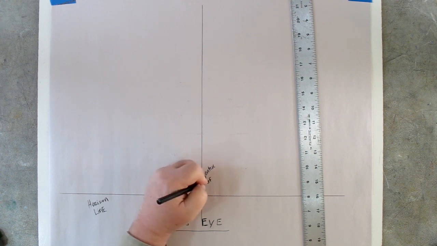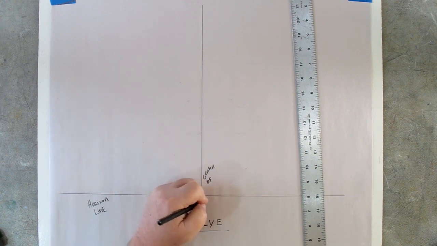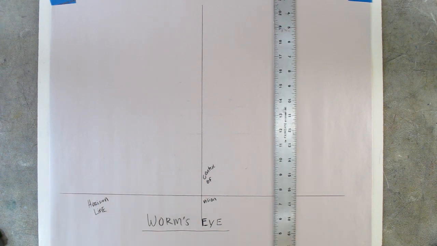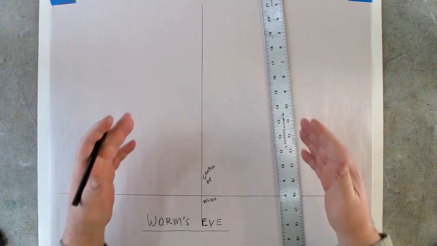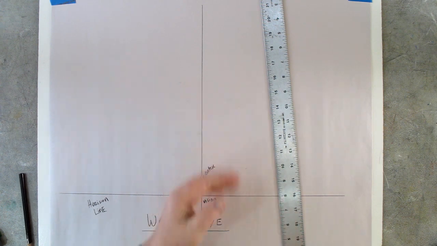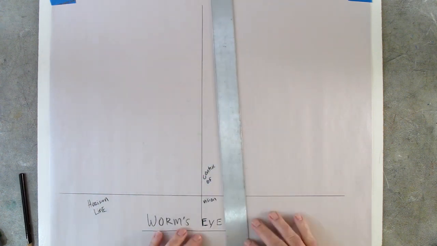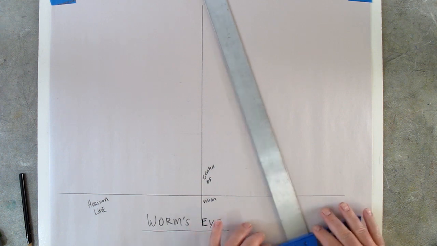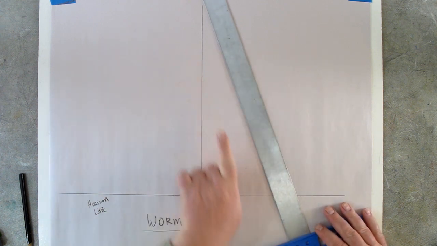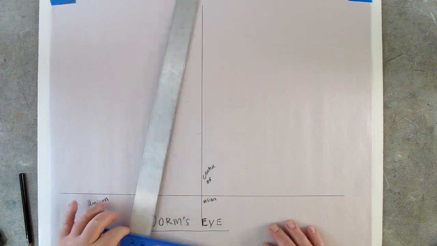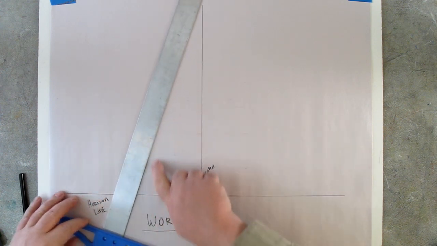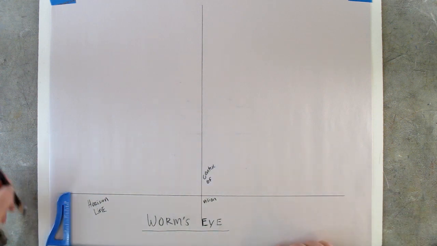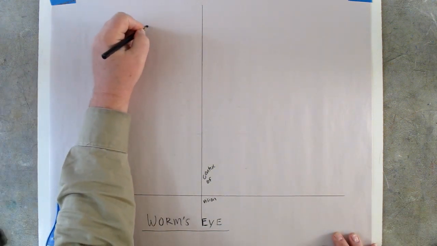And with worm's eye, instead of having straight lines, these lines begin to converge at this distant vanishing point coming up here. People refer to this as three point perspective.